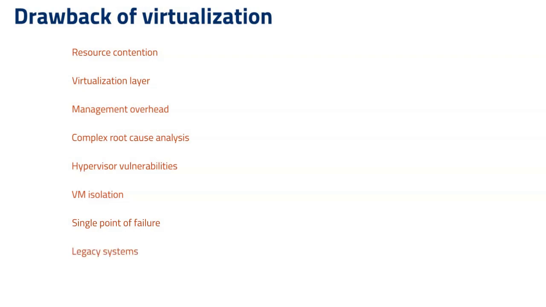8. Not all legacy systems and applications are compatible with virtualization, thereby requiring compatibility solutions or upgrades. 9. Virtual machines may require specific drivers or modifications to work correctly, which can be challenging to maintain. 10.